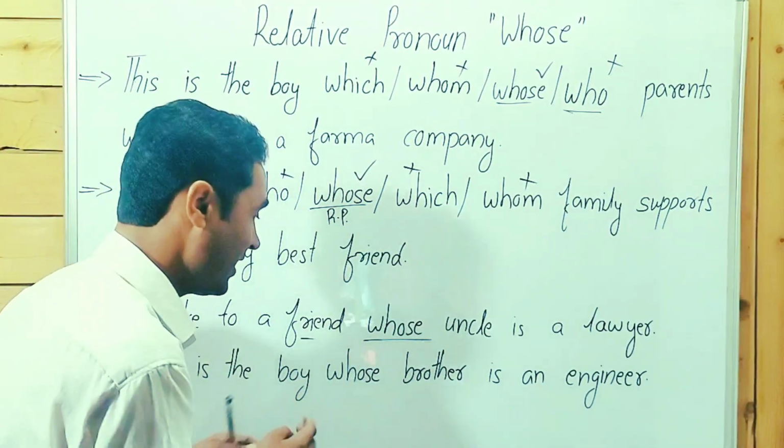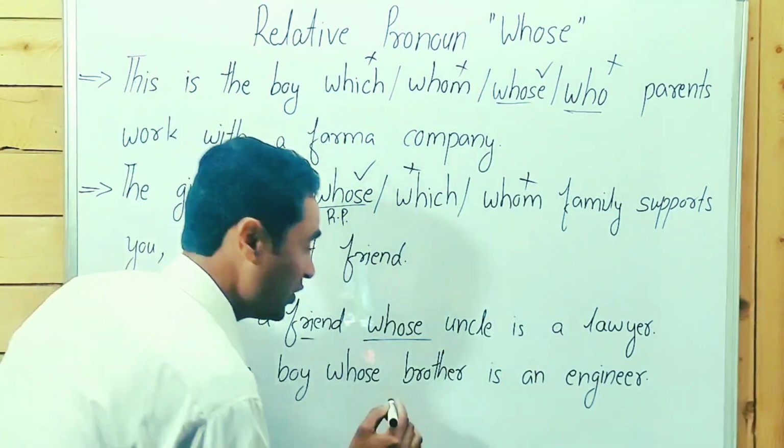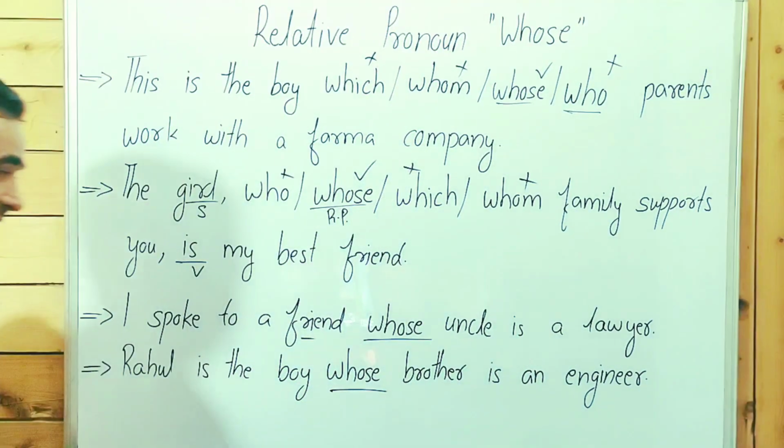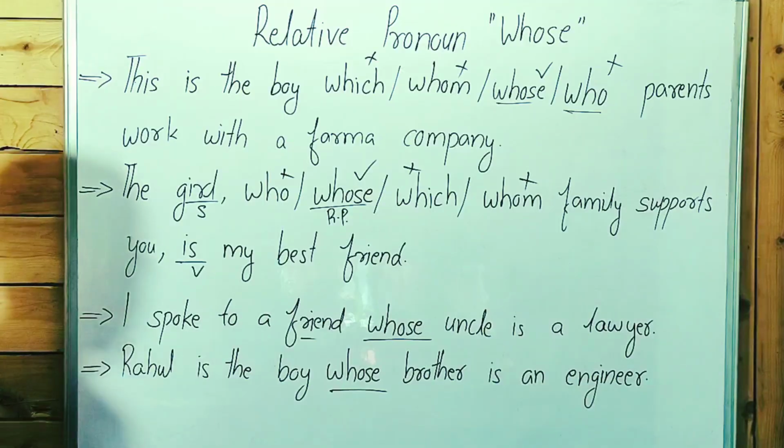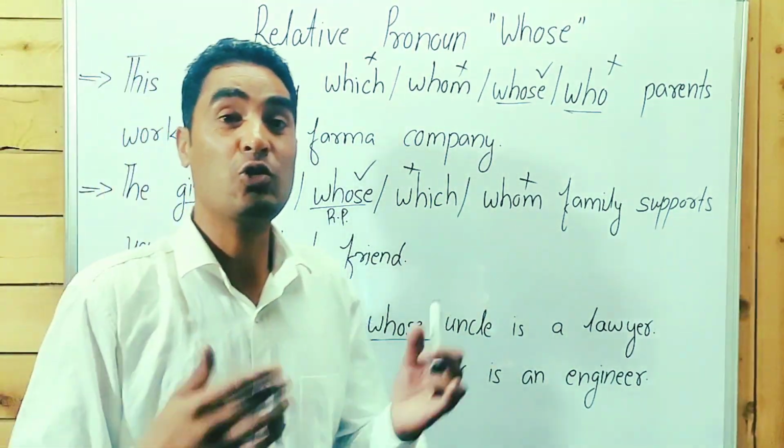Rahul is the boy whose brother is an engineer. To show possession, we use the relative pronoun "whose." I hope you understood. I repeat, the relative pronoun "whose" is used to show possession.